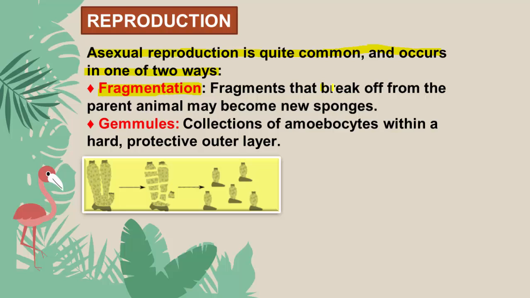It breaks off from the parent animal and may become new sponges. Piece by piece gets cut off, and finally from each piece you can see the growth of the entire animal body. This method of asexual reproduction is nothing but fragmentation.